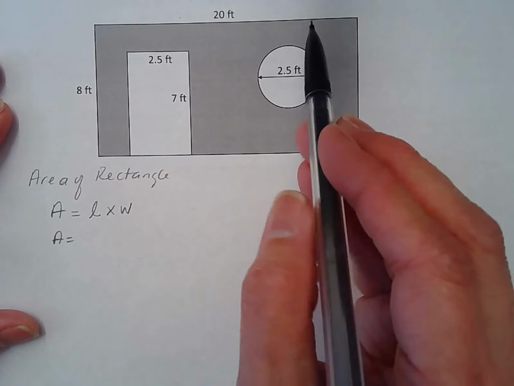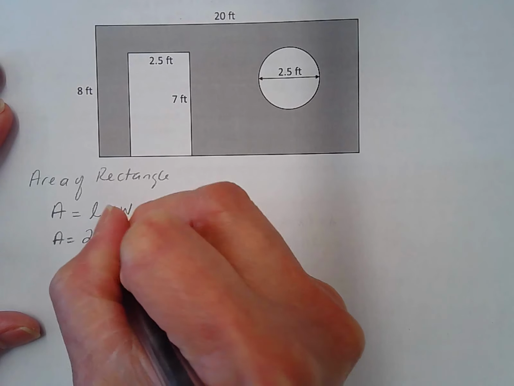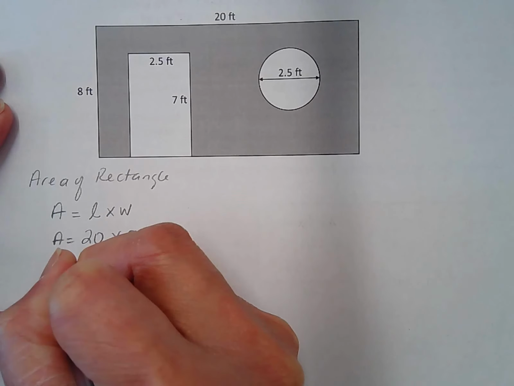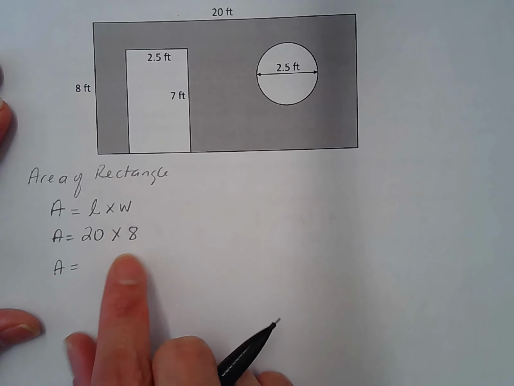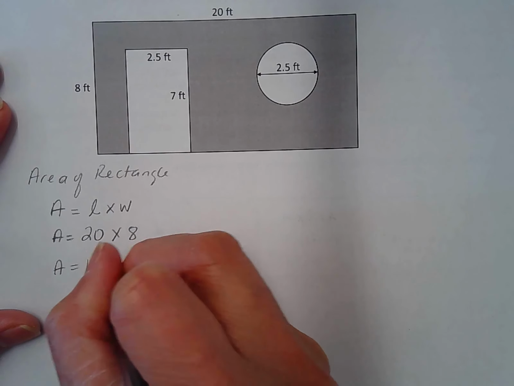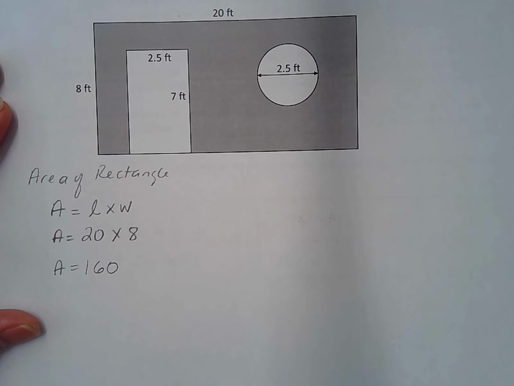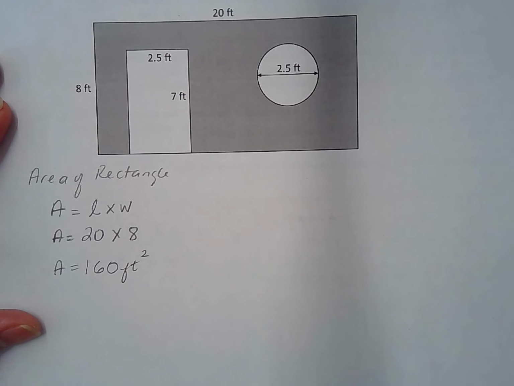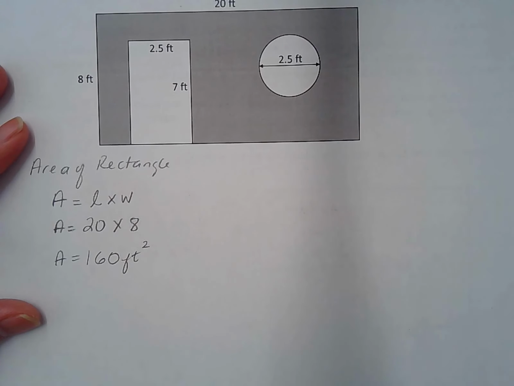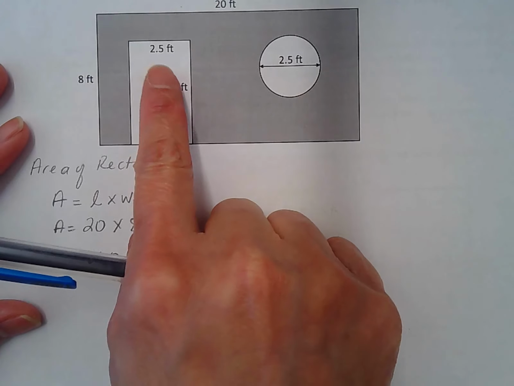Length is 20 by 8. So 20 times 8, that's 160. And the area is 160 feet square, or square feet. Okay? Good. Now we're supposed to take the area away from here.